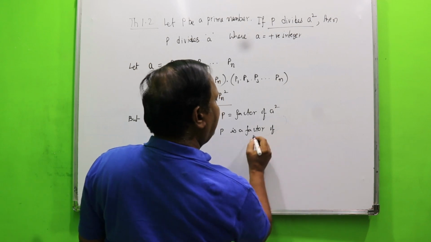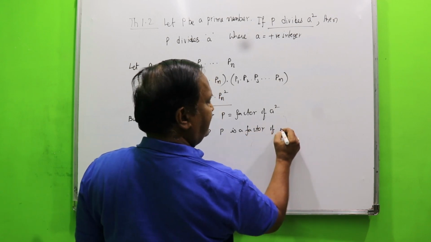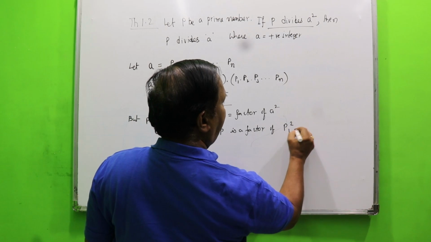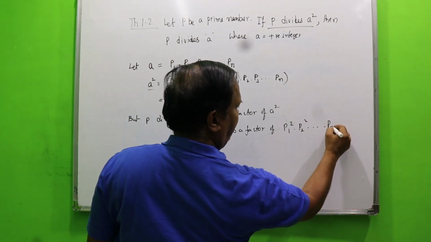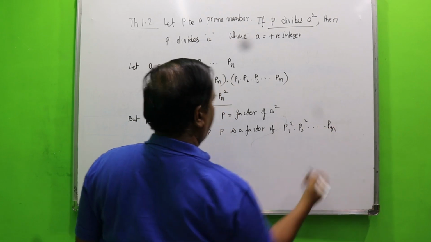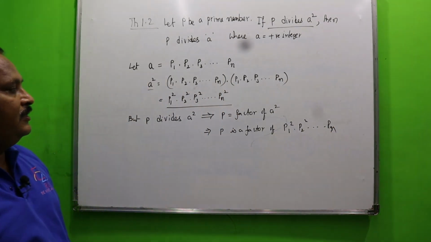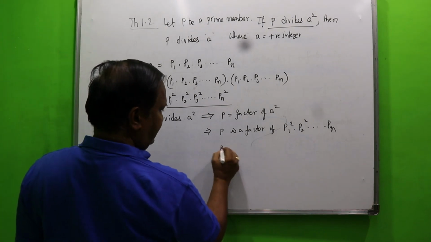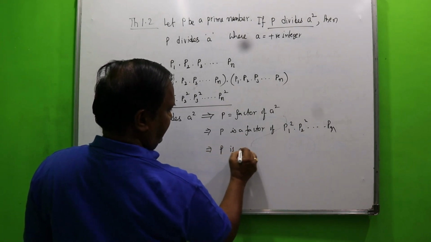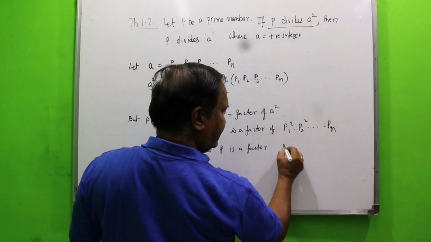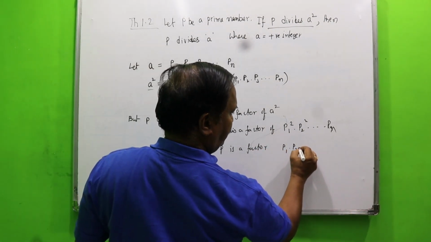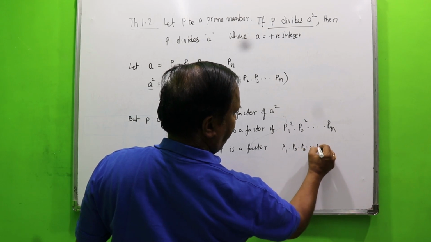P is a factor of, or one of the factors of, P1 square, P2 square and so on Pn. So that implies P is a factor of, if I can say, P1 into P2 into P3 up to Pn.